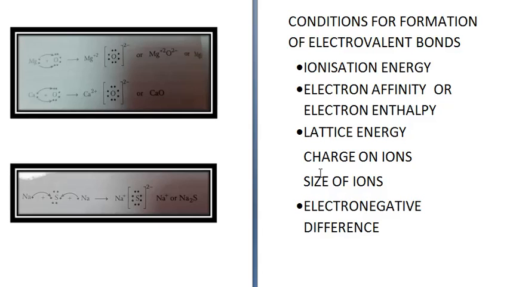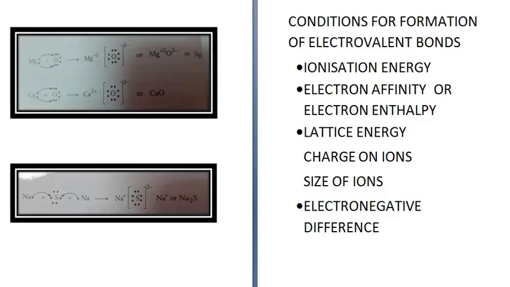Highly electropositive elements of group 1 and 2 combine with highly electronegative elements of group 16 and 17 to form electrovalent or ionic compounds. So halides, oxides, sulfides, nitrides, nitrates, hydrides of alkali and alkaline earth metals are generally ionic in nature.